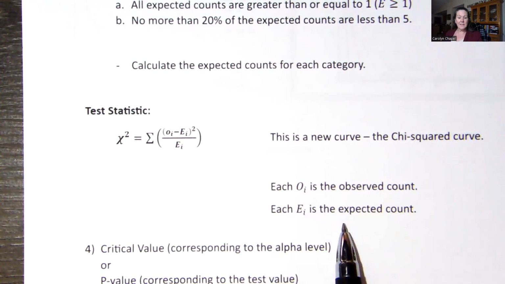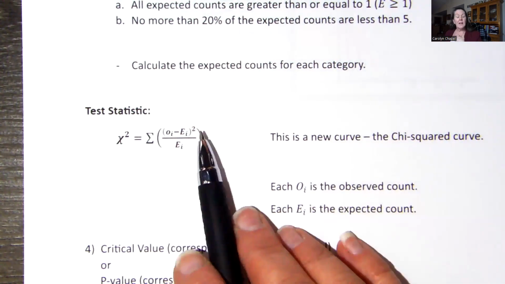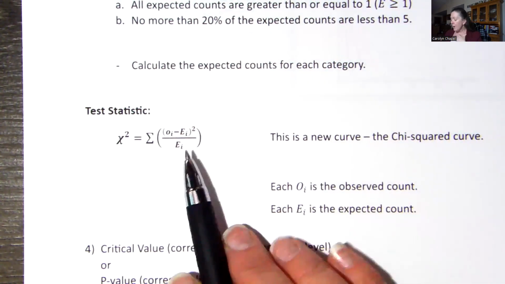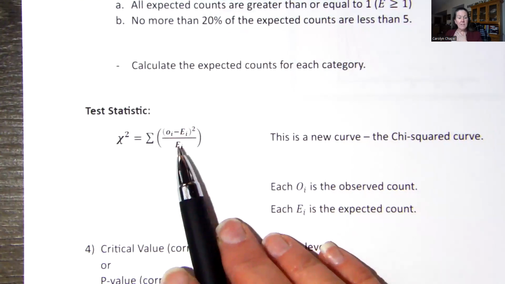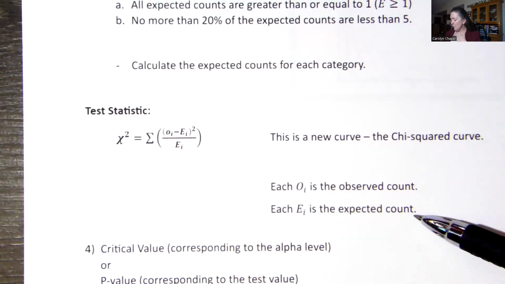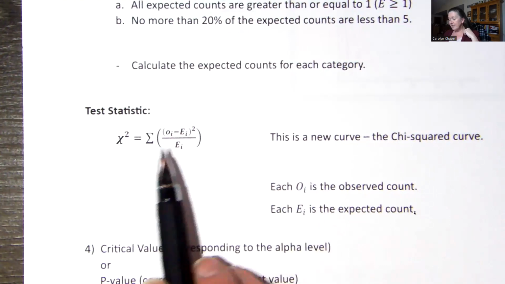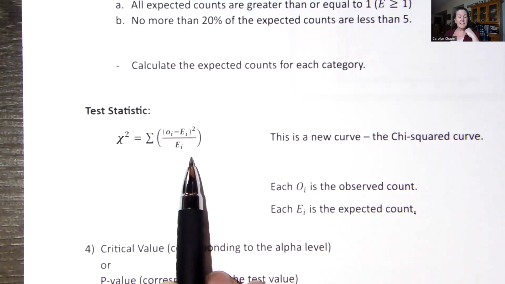EI is the expected count, or how many we expect to have in each of those categories. And then we will subtract, square, and then divide. I will show you how we would calculate the expected count at each piece. I won't do them in the second example, but I will do them for the first example. I will start this test statistic for our first example.